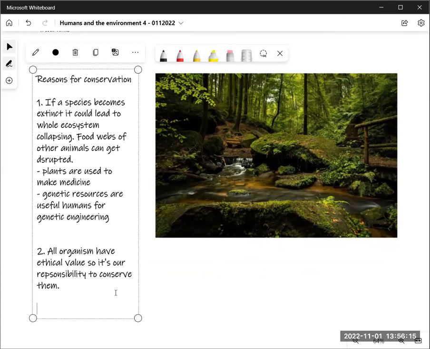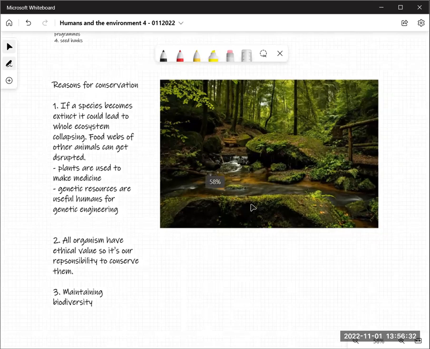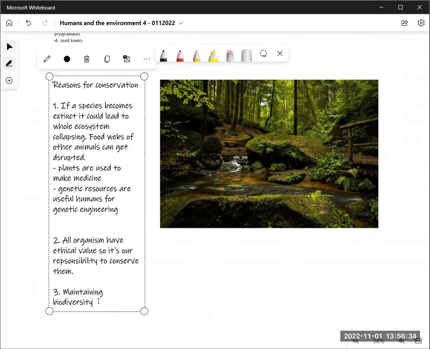There are a few more. There's one more, which is maintaining biodiversity. Now, look, if all the plants die, then we realize that fewer animals can live in this forest. If fewer animals can live, then the biodiversity decreases, and that will lead to less natural selection, less evolution happening, which is not good for humans.